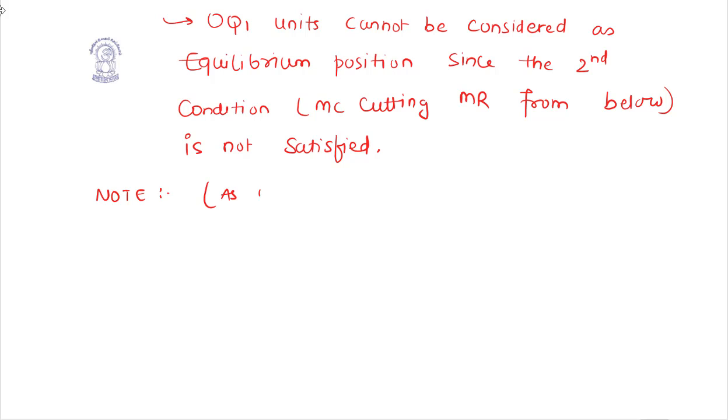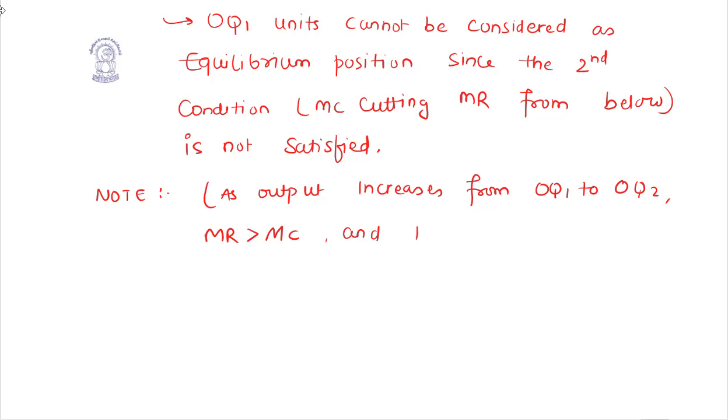You can write a note also over here. As output increases from OQ1 to OQ2, marginal revenue is more than marginal cost, and there is scope of earning more profits.